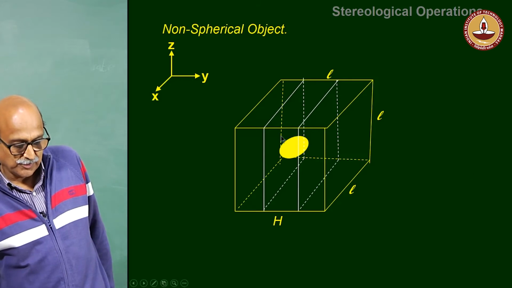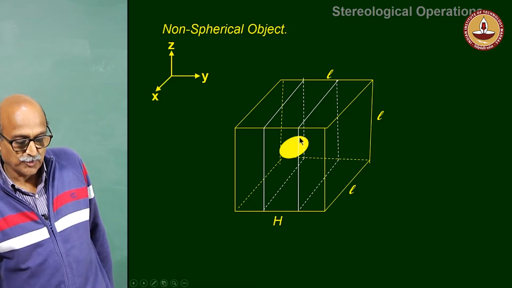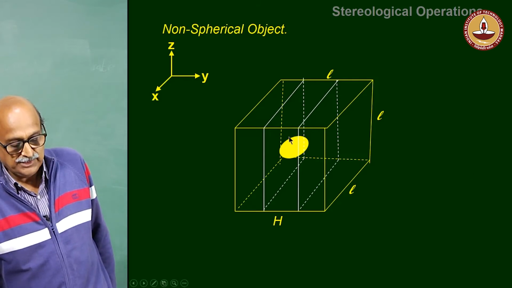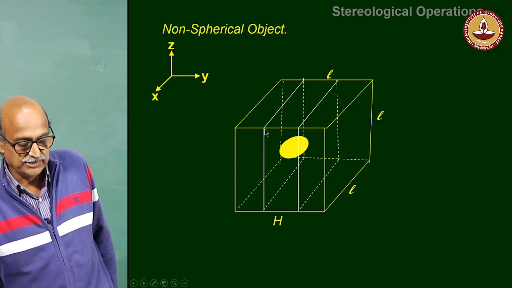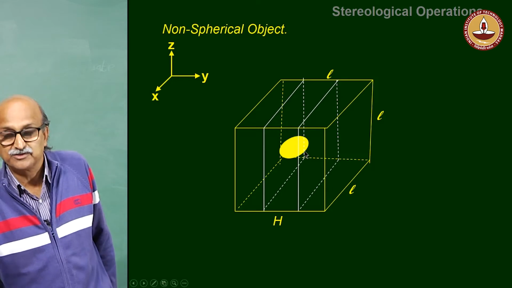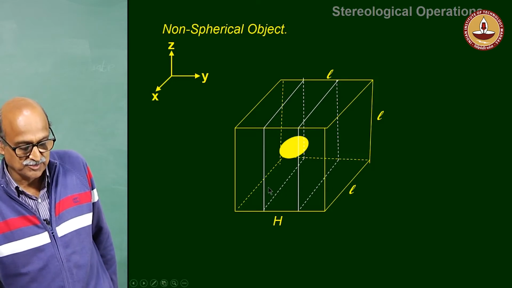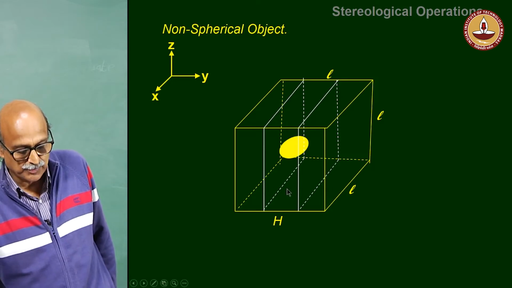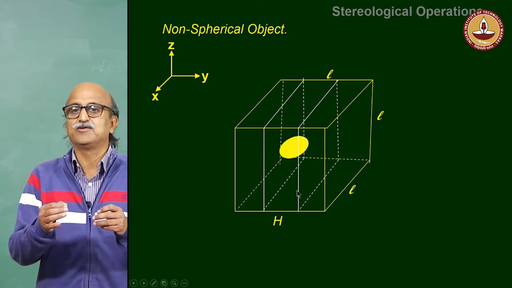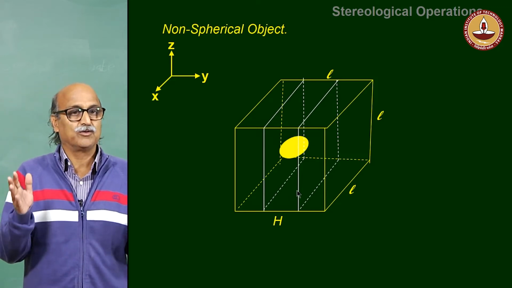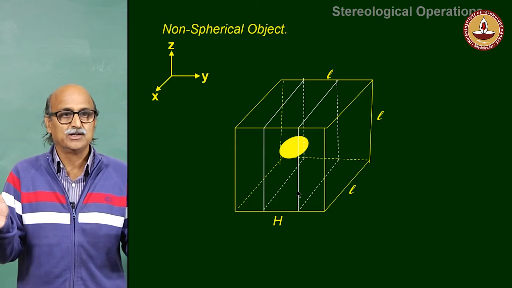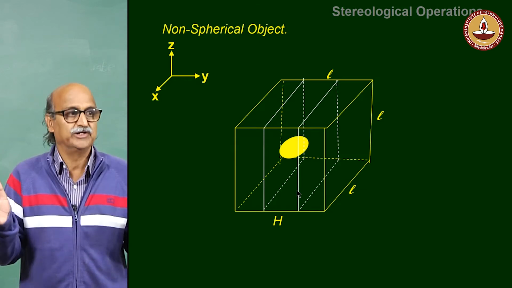A non-spherical object like this particular object shown here is in some particular orientation, and again I can draw two tangent planes on either side of the object. The distance of separation between these two tangent planes is kind of a diameter of this object along a particular orientation.